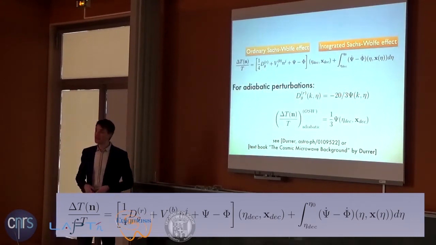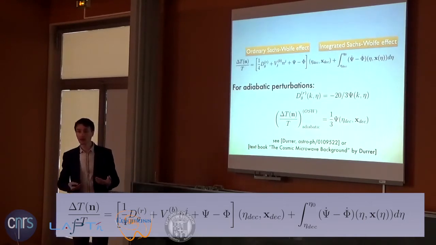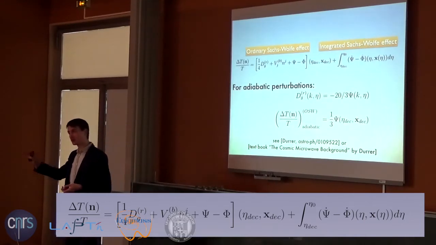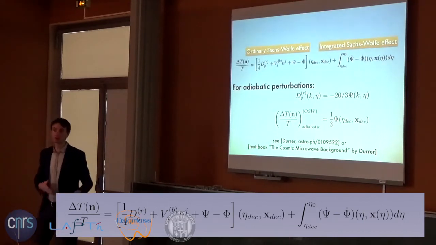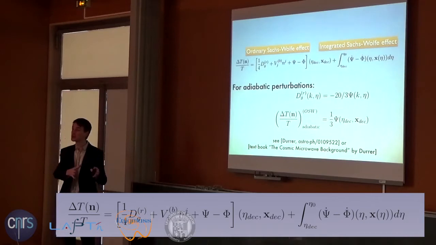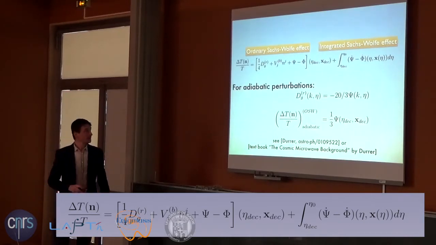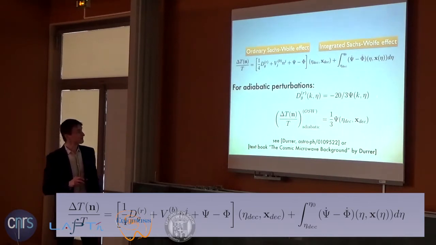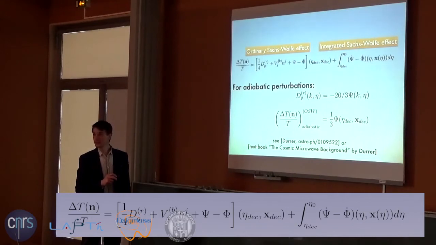If perturbations are adiabatic, which means that at the initial conditions, at the end of inflation, the perturbations laid out in the universe are the same in all fluids that you have. So dark matter, photons, and baryons have overdensities in the same places and have underdensities in the same places. Then, since the perturbations in all fluids are the same, there is a direct relation between the photon density and the gravitational potential.